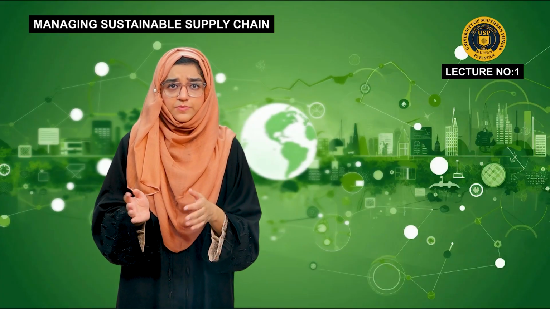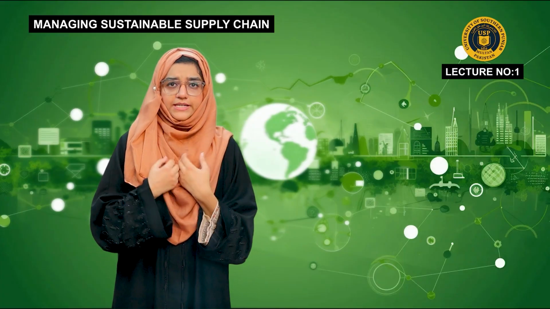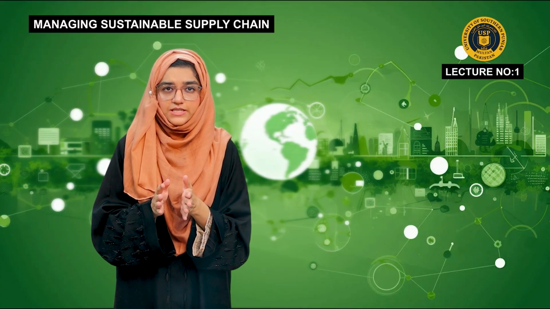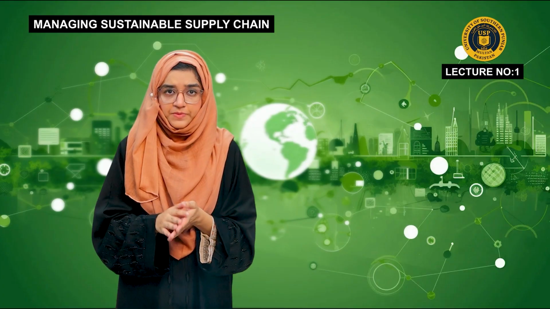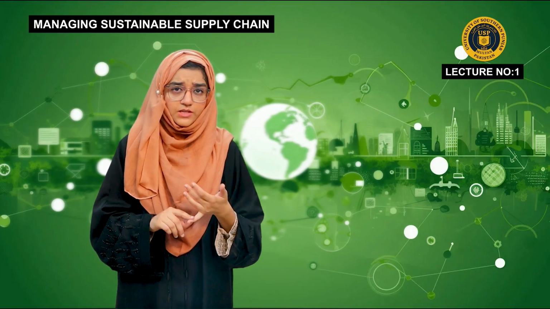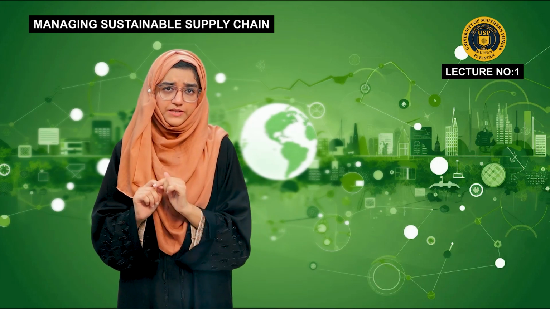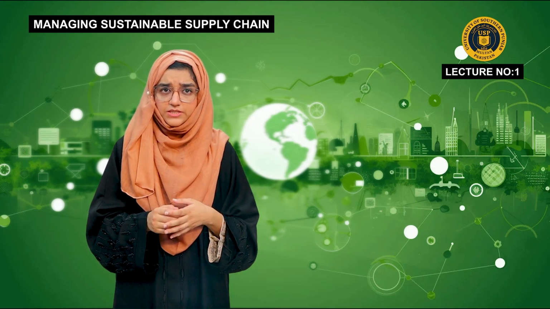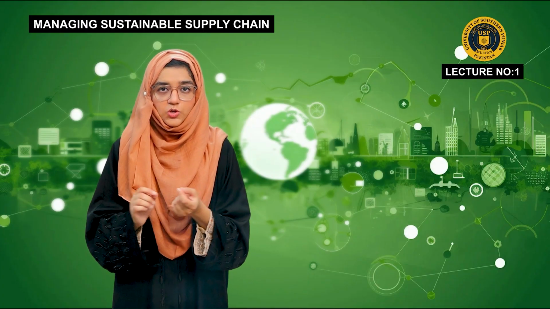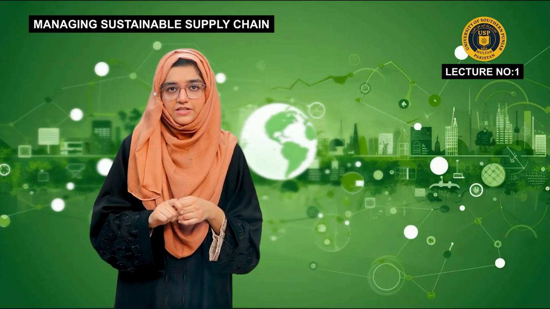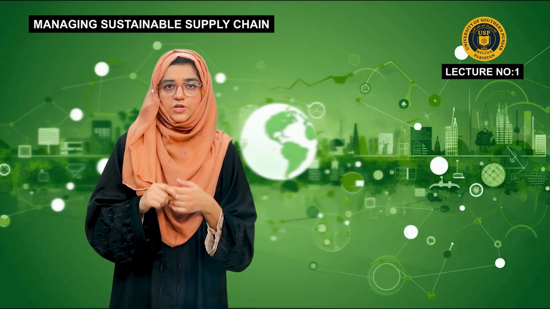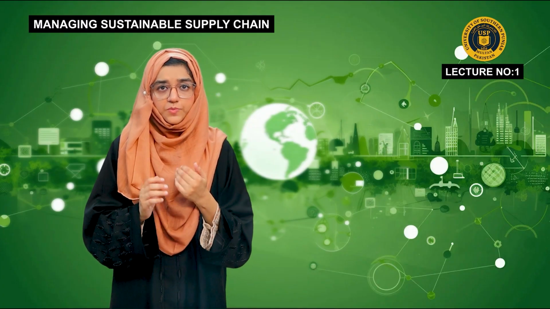The next concept is go and stop. Our textbook introduces a very simple but powerful idea, the go and stop concept. Go activities are about movement. Think of trucks transporting cement from factories, ships carrying textiles overseas, or planes delivering perishable items like seafood or flowers. Stop activities are about storage or processing.